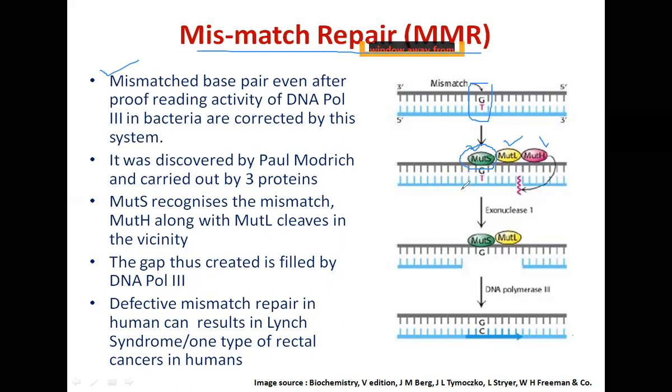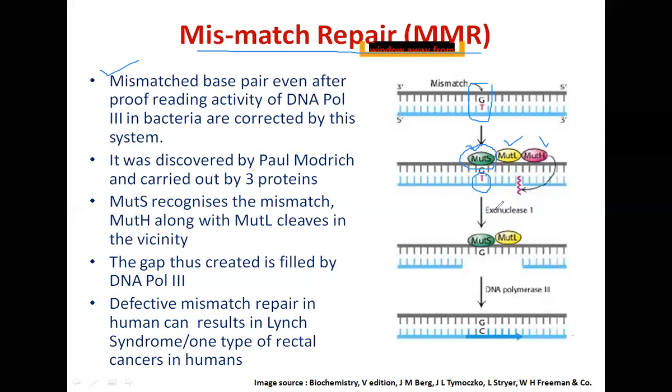And I told you earlier that of the two bases, the one which is methylated is considered the correct one, and the one which is non-methylated is considered the newly incorporated one. So in this particular case, P is supposed to be the newly added because it is not methylated. So it is going to be replaced by a correct nucleotide, that is C.